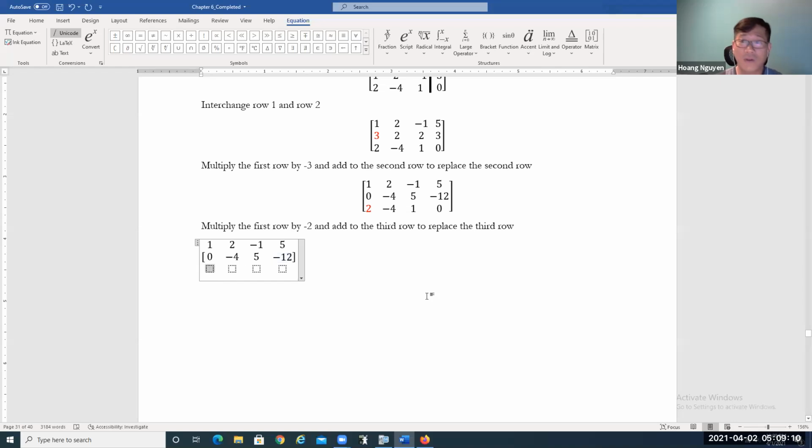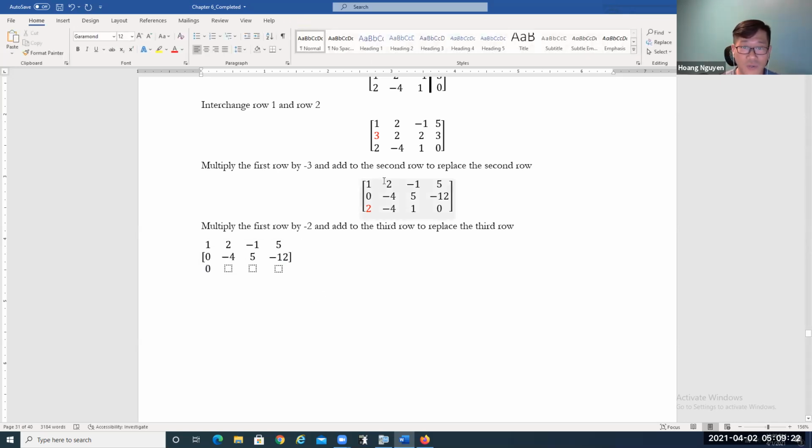That's good. Now the third row will be modified. I'm going to multiply the first row by -2. -2 times 1 is -2, plus the third row which is +2, so it gives you a 0. -2 times 2 is -4, plus -4 is going to be -8. -2 times -1 is going to give you +2, plus 1 is going to give you 3.